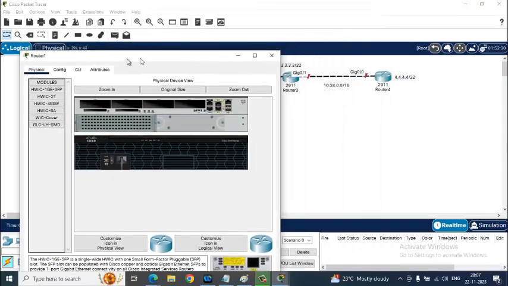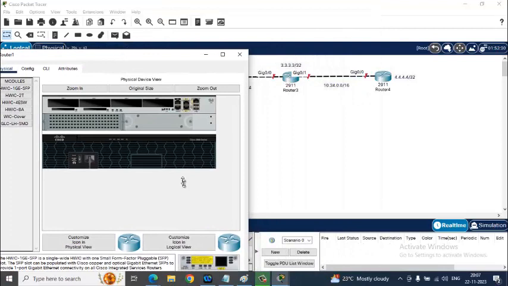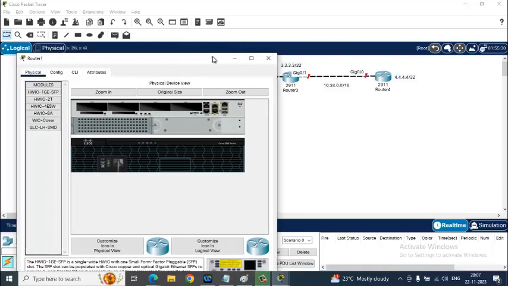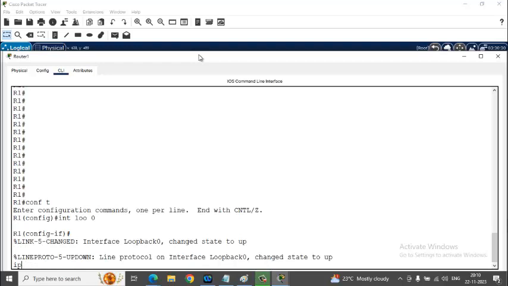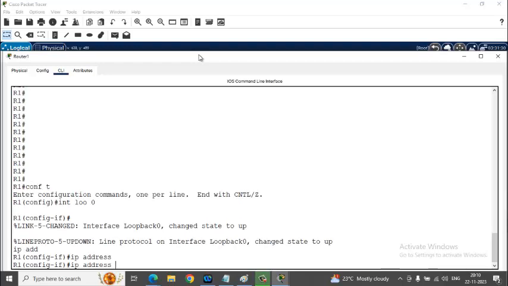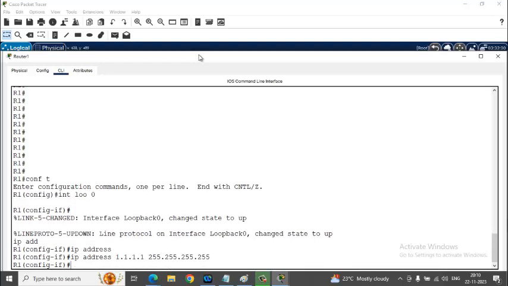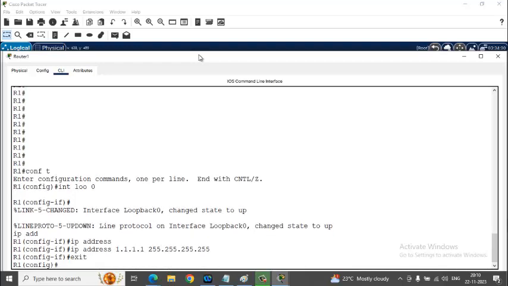It's not physical. The physical interface is G0/0, so I'm saying interface gig 0/0. No shut. You need to bring the interface up by typing no shut and then put the IP address, 10.12.0.1 255.255.0.0.